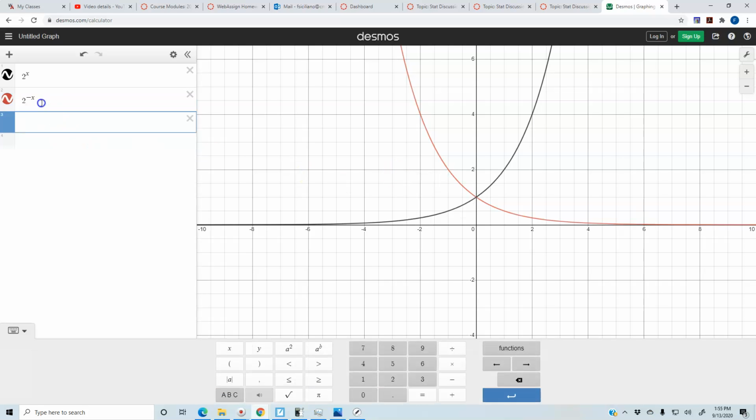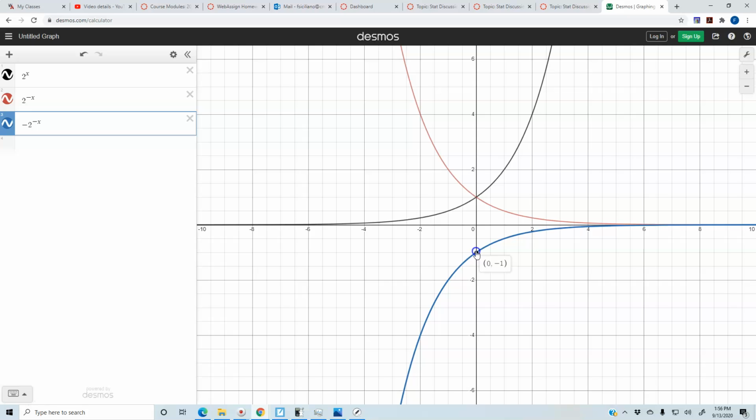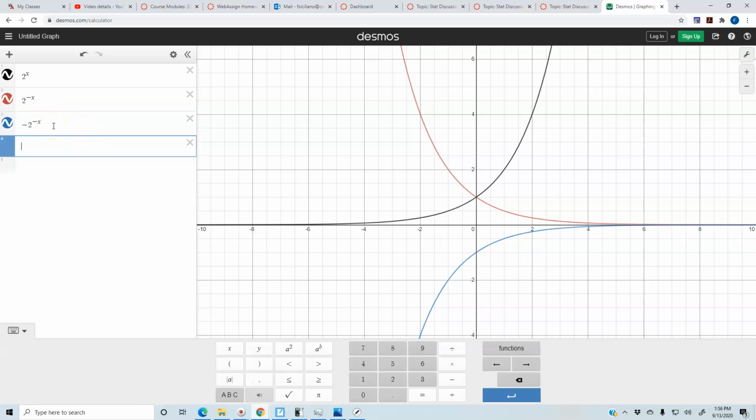Then we're going to apply a negative to the outside of that 2 while we still have the negative x. Now you can see what's happening. Now we have (0, -1), and down here, I can make sure that it hits correctly, we have (-1, -2). And then our final function has negative 2 to the power of negative x, and then we're adding 1.